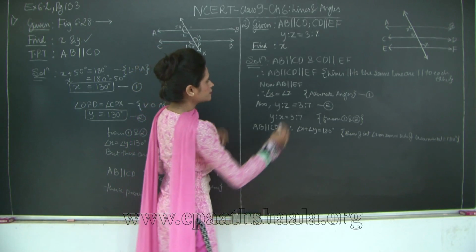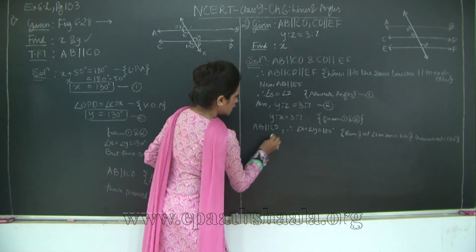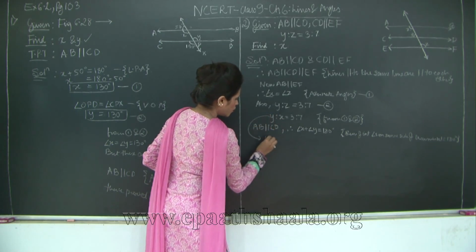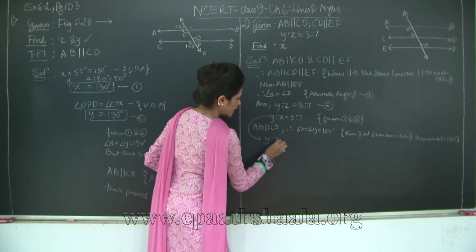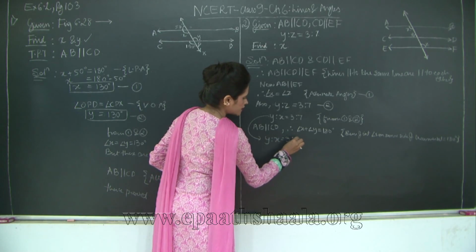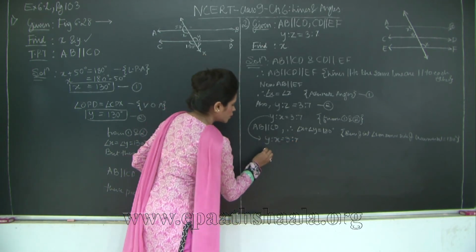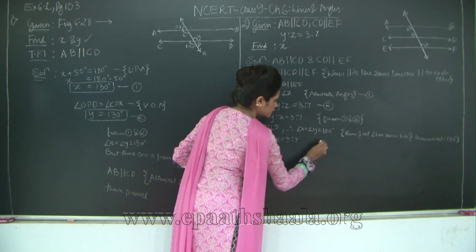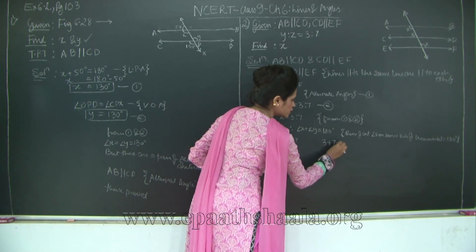Let's find this out. Now, let's take this again, y is to x is equal to 3:7, right? So if I add this, 3 plus 7 is equal to 10.